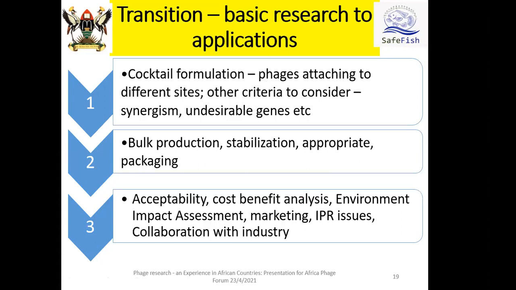So one of the recommendations is to have phages in the cocktail with different attachment sites. So I can come up with my formulation based on the combined activity as far as the cost range is concerned, but are they attacking different sites? If resistance comes in, would they be knocked out at a go?